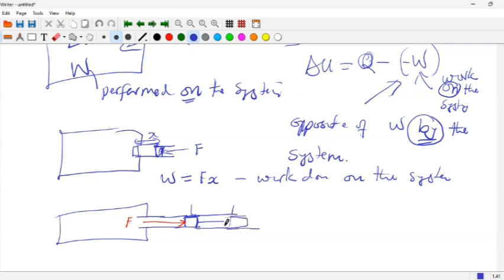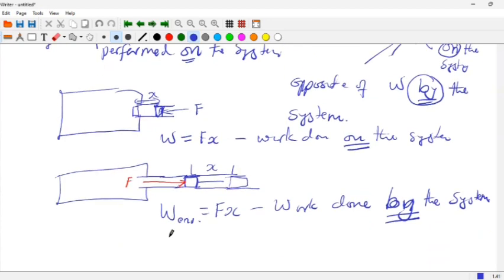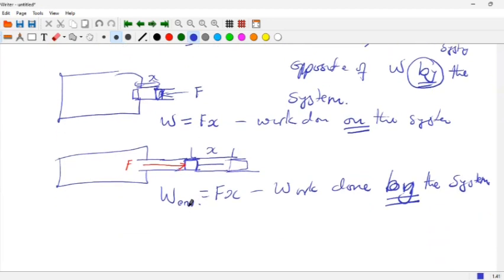When the piston has moved away and covered some distance x, then this is work on the environment, because it is equal to the force that the system is applying multiplied by x, and this is work done on the environment, or work done by the system. So there's a difference between work done on the system and work done by the system. When work is done by the system, we put environment. When work is done on the system, we just put W without the environment.